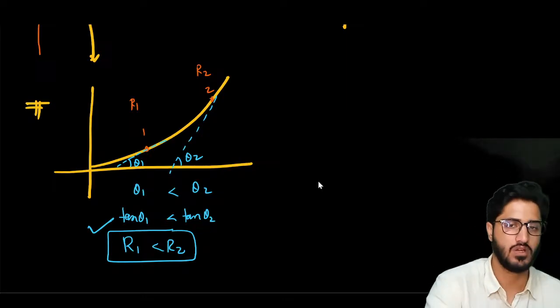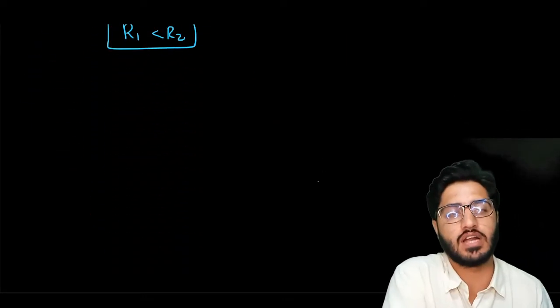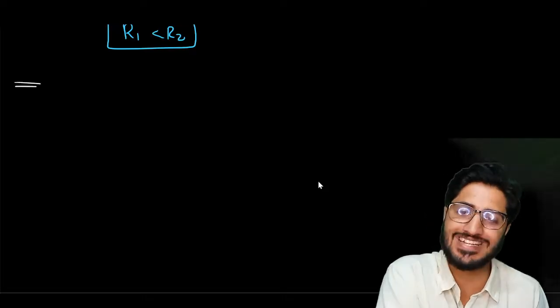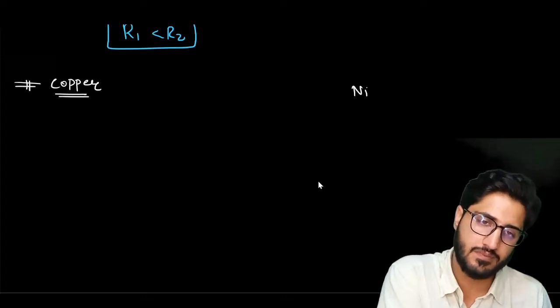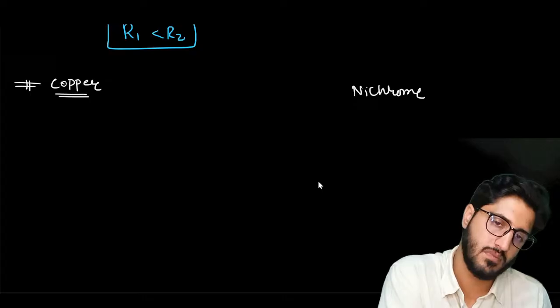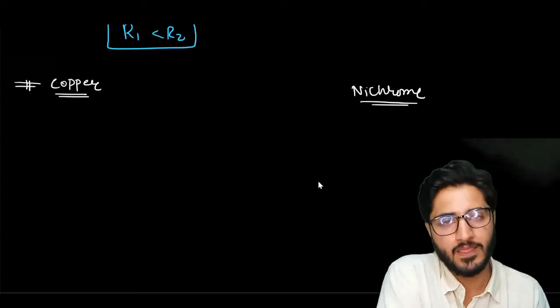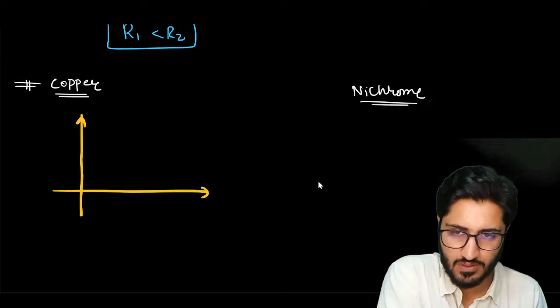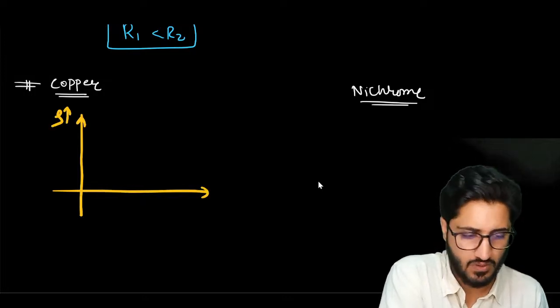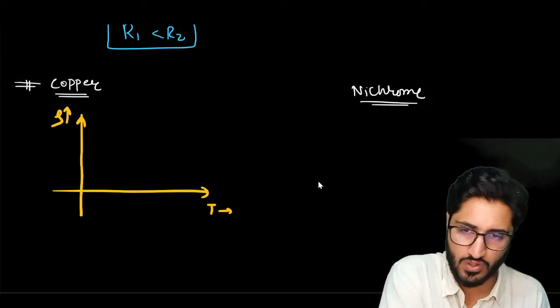Now, two more important graphs in our syllabus from NCERT. One is the copper graph, second one is nichrome. For copper, it looks like this: resistivity or resistance here, temperature here. For nichrome, with temperature and resistivity, it looks like this.